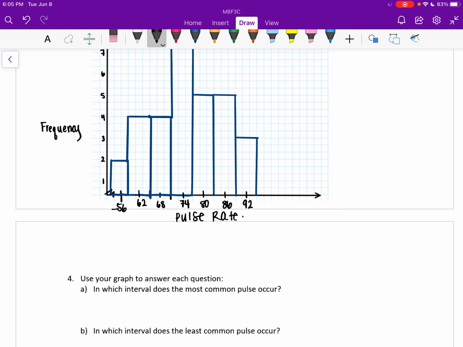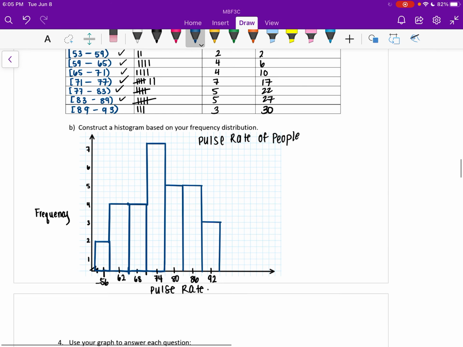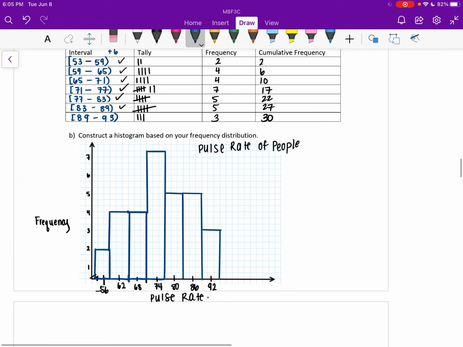So it says, use your graph to answer the following questions. And now that we have this displayed properly, right, we can use our graph to do a lot more stuff. So what interval does the most common pulse occur at? It's the one that has the highest bar, right? Which we know occurs at the one where 74 is in the middle.